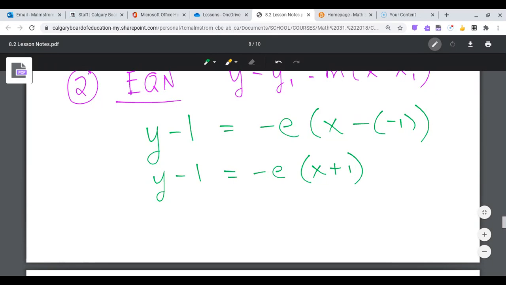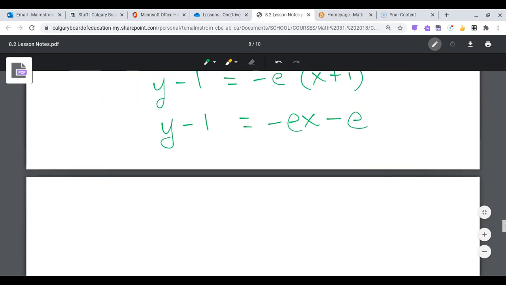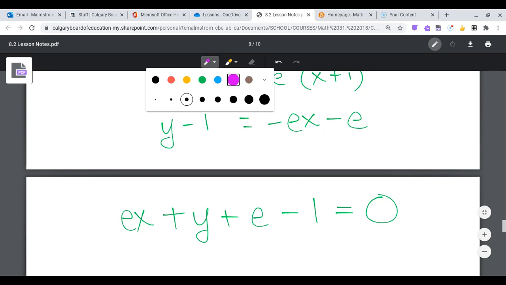We should expand this out. So negative ex minus e, and then I love general form. That's just my thing. So let's move everything to the left. Okay, ex plus y plus e minus 1 is equal to 0.